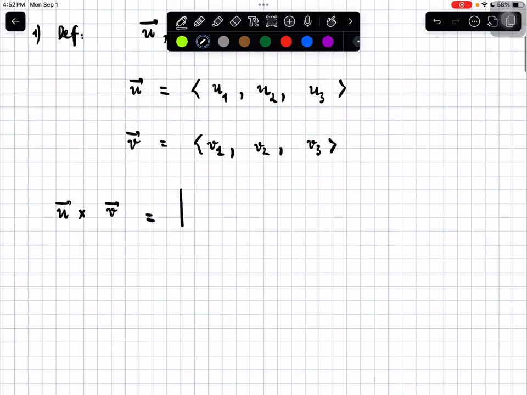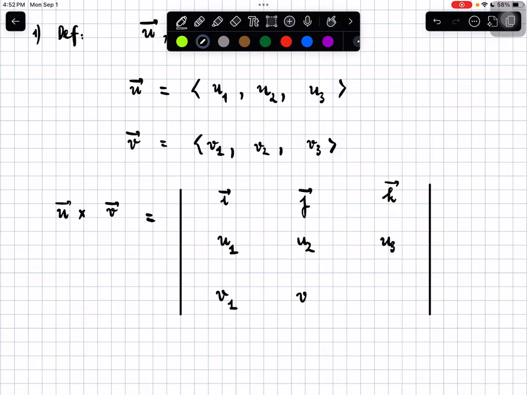We put the determinant. This is actually the notation of determinants. You put vectors i, j, and k on the first row. For the second row we put vector u: u1, u2, u3. Third row: v1, v2, v3.